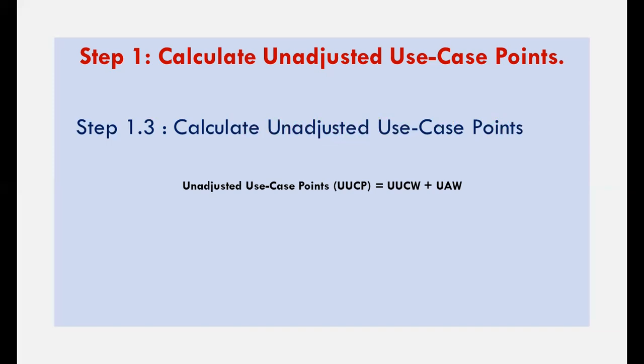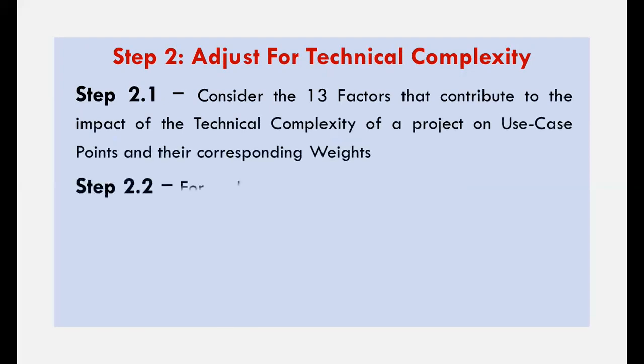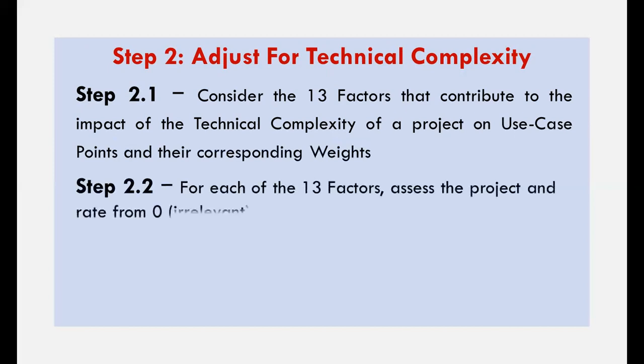Now coming to step 2, that is, adjust for technical complexity. Here in step 2.1, we need to consider the 13 factors that contribute to the impact of the technical complexity of the project on use case points and their corresponding weights.